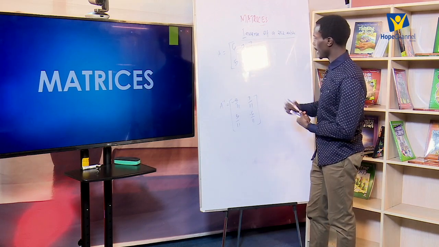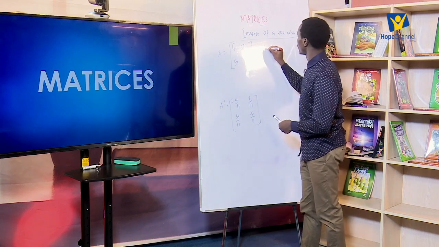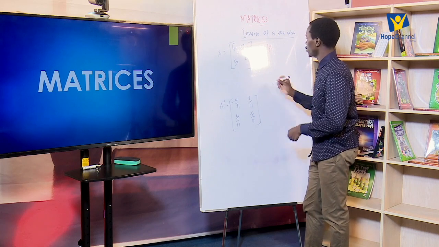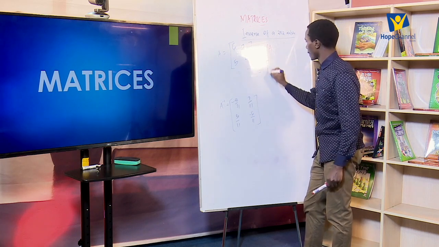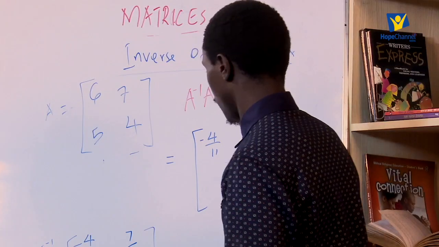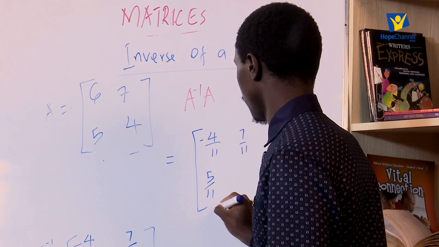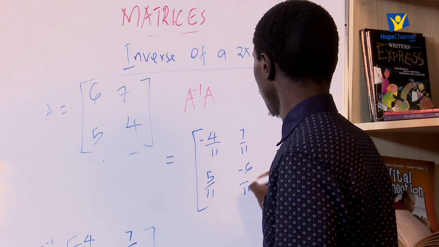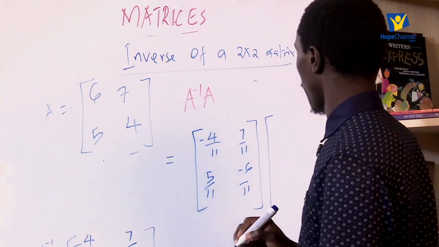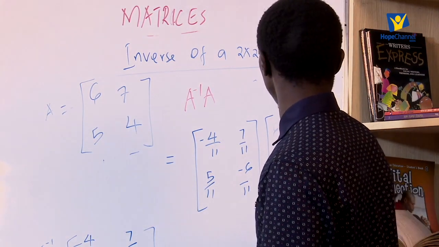We multiply A inverse, which is negative 4 over 11, 7 over 11, 5 over 11, negative 6 over 11, by A, which is 6, 5, 7, 4.